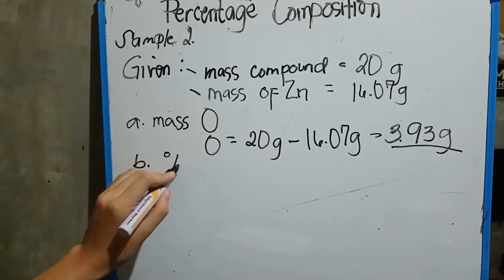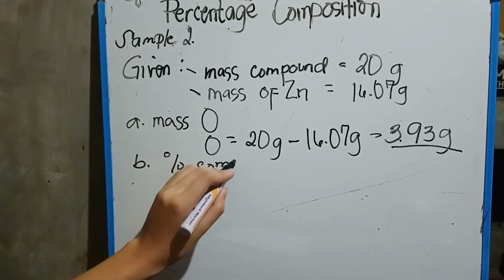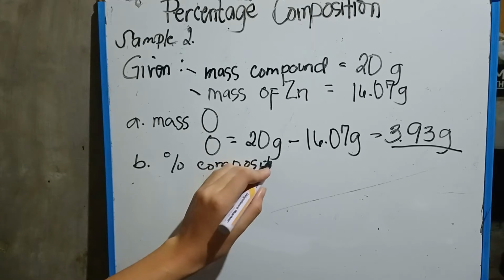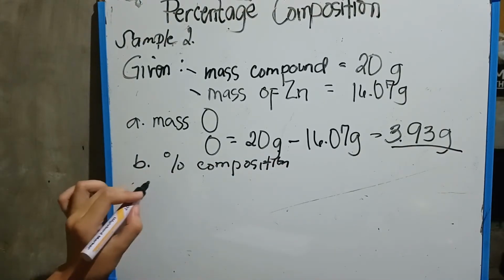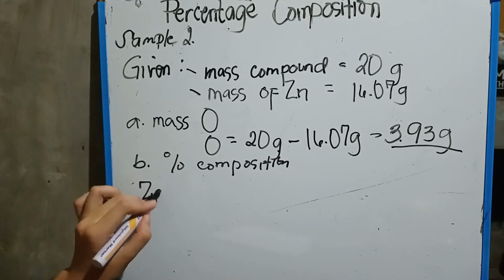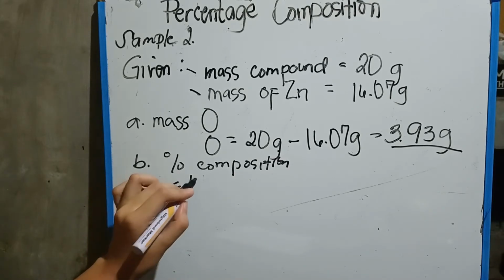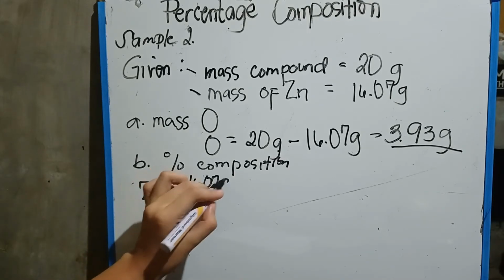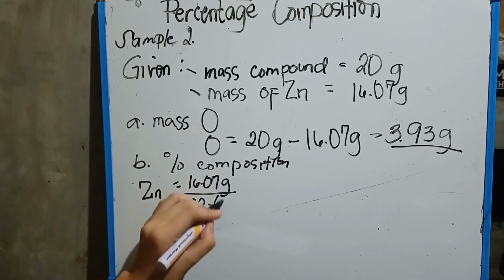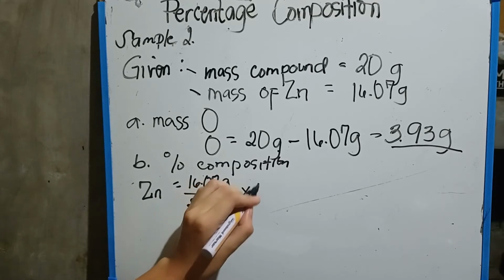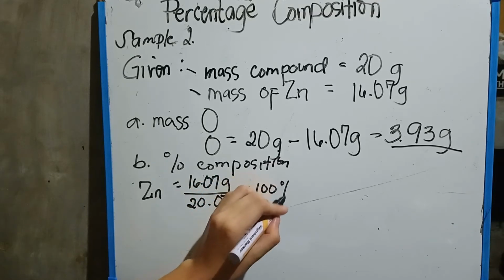So we can now proceed to step B, determining the percentage composition of the compound. First, the zinc is equal to 16.07 grams over 20.0 grams times 100%.